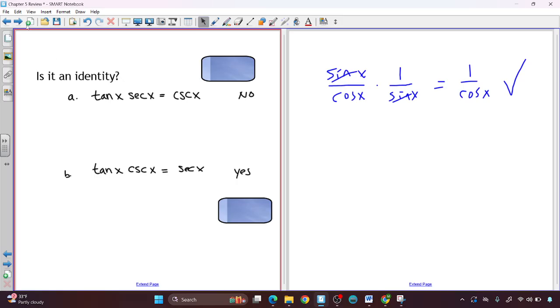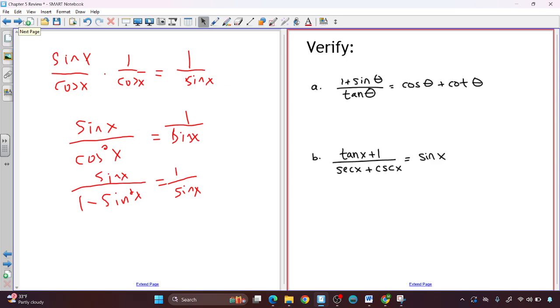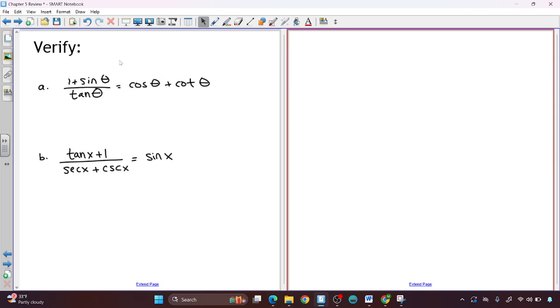That was nice and straightforward. So this says verify, so it should actually come out equal.